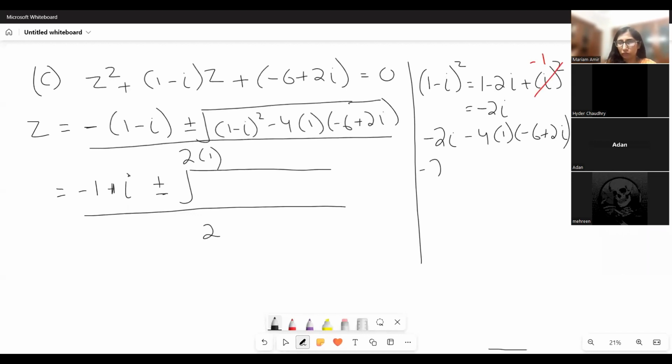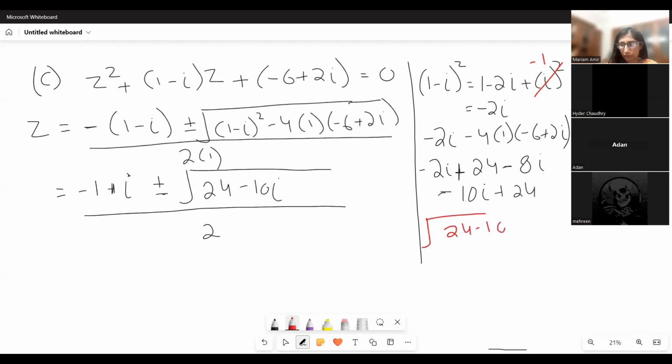So that is minus 2 iota, minus times minus is plus, 4 times 6 is 24, and minus 8 iota. When we simplify this, we're getting minus 10 iota plus 24. So this is 24 minus 10 iota, and I believe you got this as homework as well yesterday.